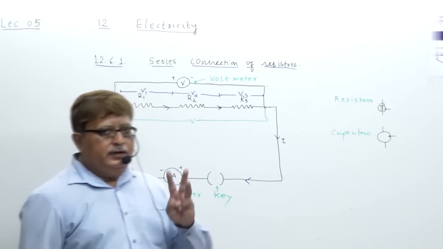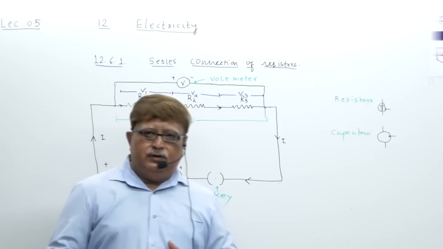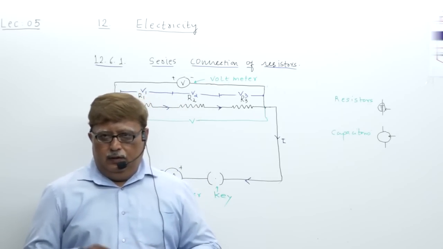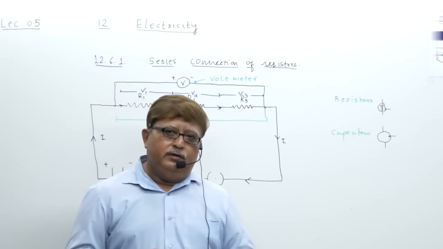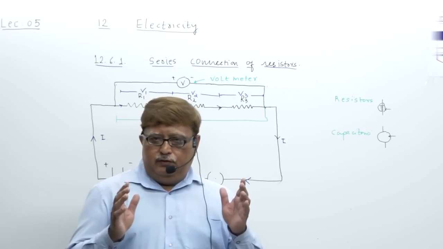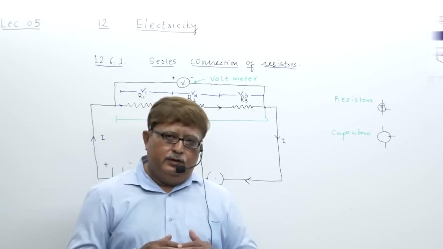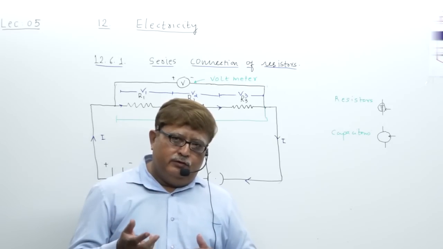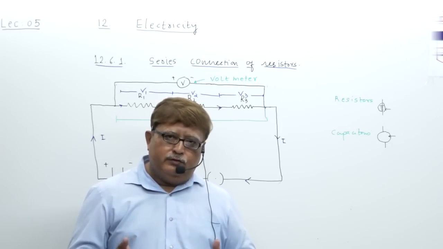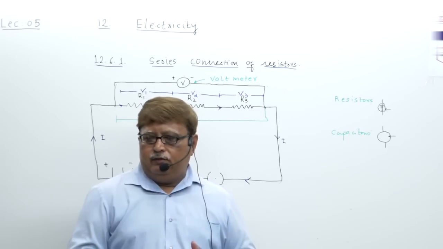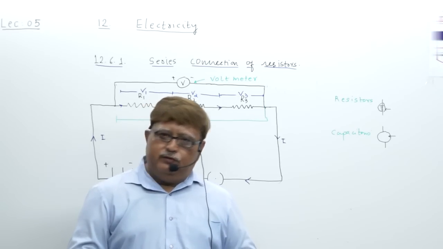We have connected three resistors R1, R2 and R3 in a circuit. Now try to understand the question. When you connect three resistors in a circuit, what is the total resistance produced in the circuit? That total resistance is known as equivalent resistance.